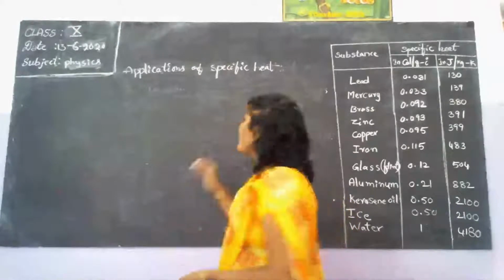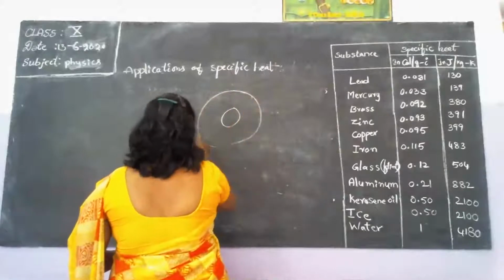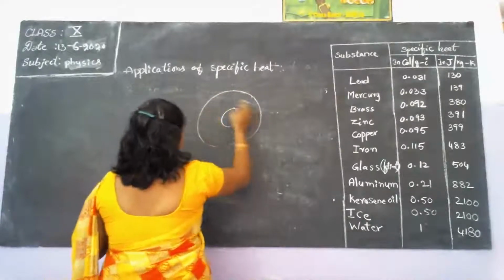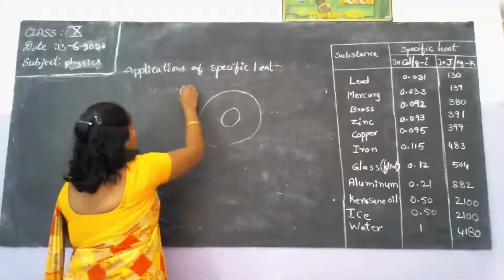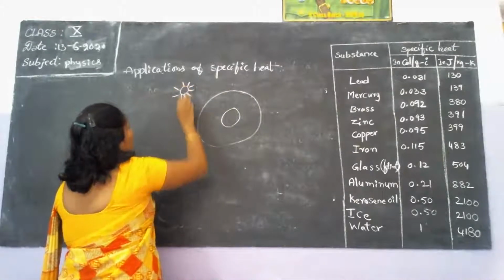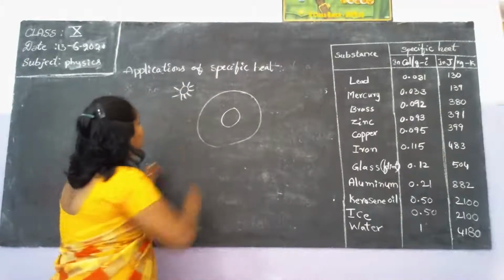So here we compare, this is our earth, and surrounding the earth there are many oceans. The sun gives a large amount of heat energy. What will happen?